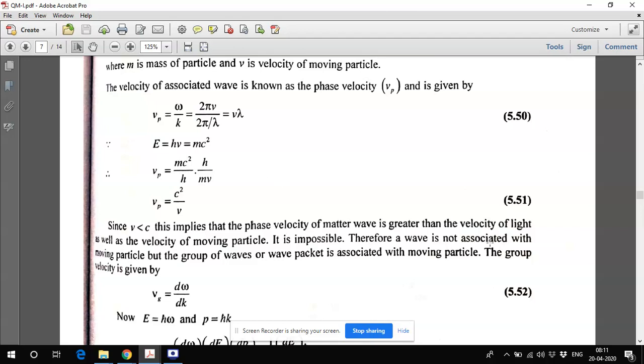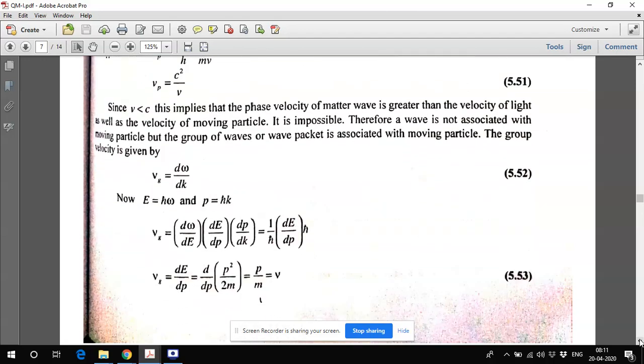So then we suggest the group velocity also. This group velocity means it's not one wave, it is a combination of a variety of waves. If we take the velocity of the matter wave as a combination of a variety of waves, then the velocity is called the group velocity, which is d omega by dk.